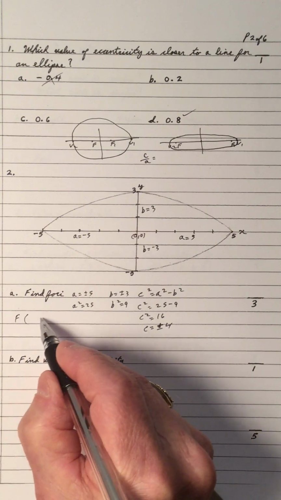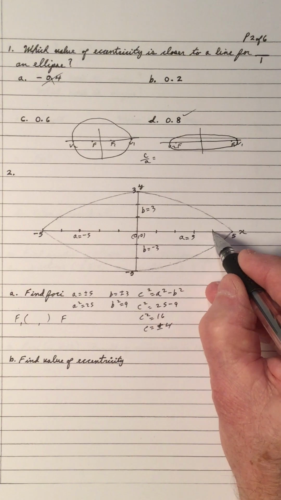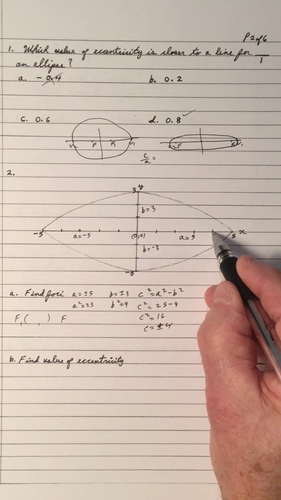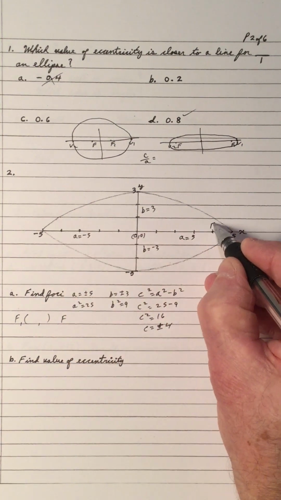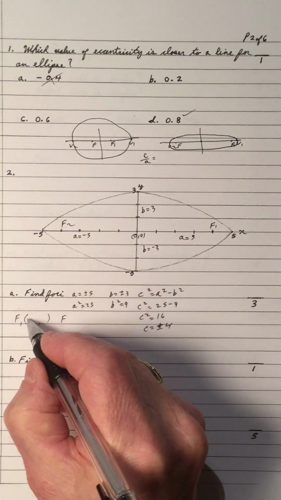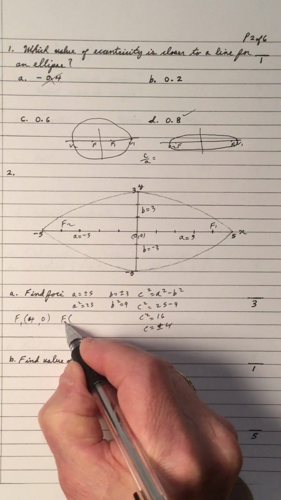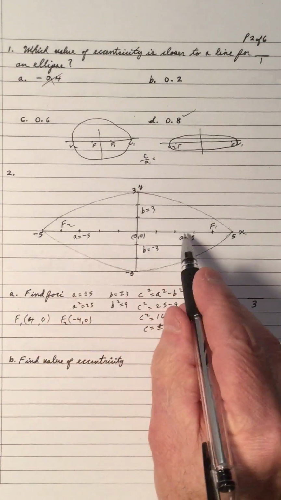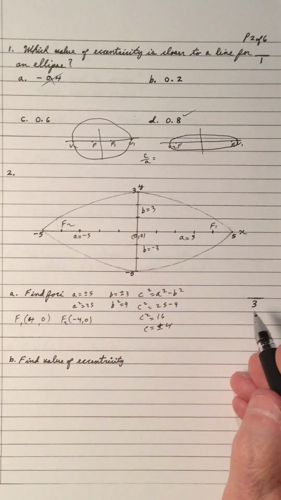One of the foci, we take this one, is 4, so from the center we go 4 to here, and we go minus 4 to here. So this is F1 and this is F2: F1 is 4, 0, and F2 is negative 4, 0, because the foci and vertices are on the major axis, 4 units away from the center.